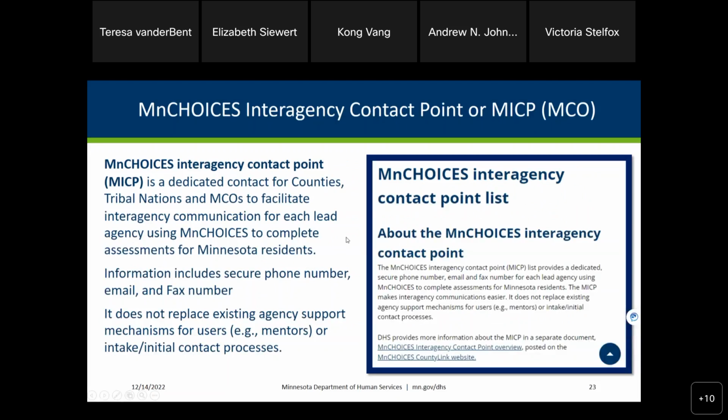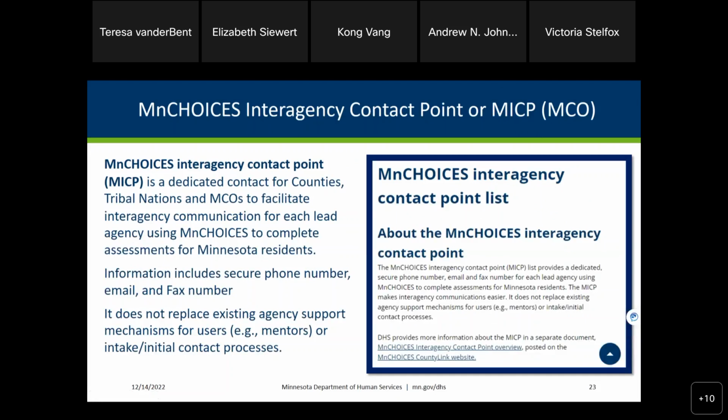To remind folks, what is an MICP? It's a MnCHOICES interagency contact point. It's a way for lead agencies, counties, tribal nations, and MCOs to contact each other and to transfer people to each other. That information includes a secure phone number, an email, and a fax number.